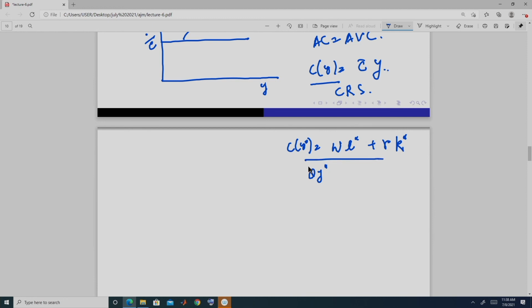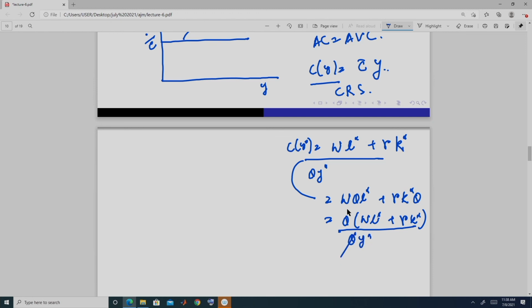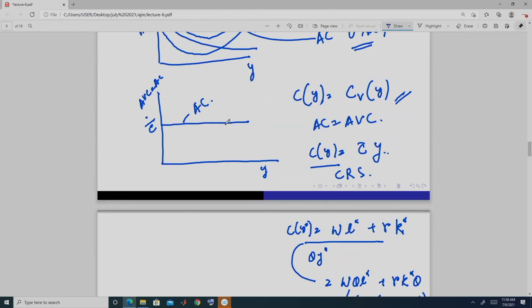So, this will be what? From CRS we know it is going to be this, because that is why it is CRS. So, it is this, and then this divided by this. So, this cancels. So, it remains the same. So, that is why it is a CRS.